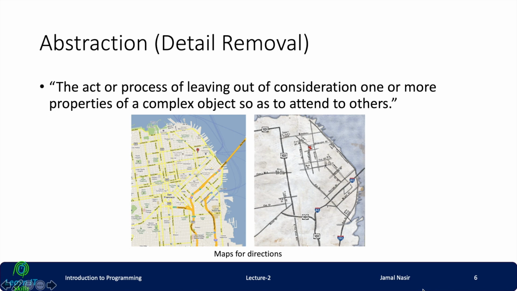But obviously this detail removal wouldn't be good if you want to find some particular shop in a street, right? Then this thing would be different. Okay, so you have to decide which details should be removed from the system for a particular user, or which details should be there, but it should be minimum.